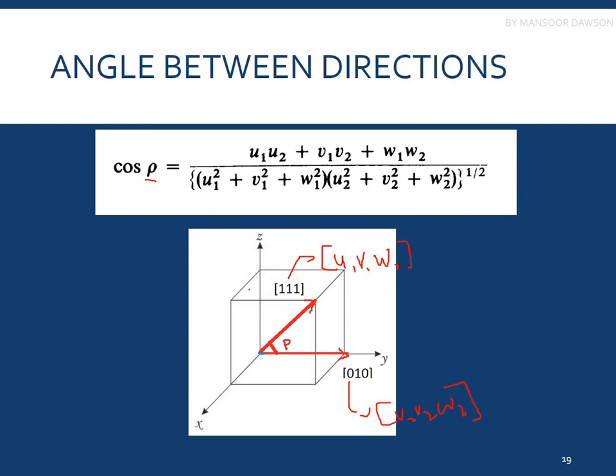So what we'll be doing, we'll be multiplying: first u1 into u2 plus v1 into v2 plus w1 into w2. We multiply all the x indices, y indices, and z indices, and then we take the squares of each, and take the square root of the product of the sums of squares, and then we divide this and take cos inverse to find out the angle between these two directions.